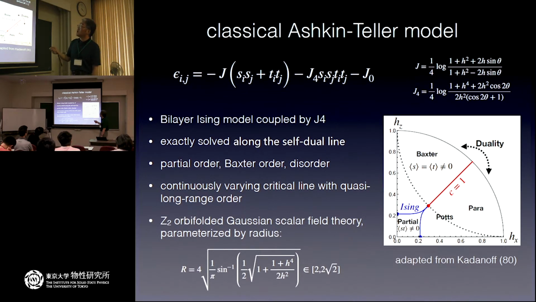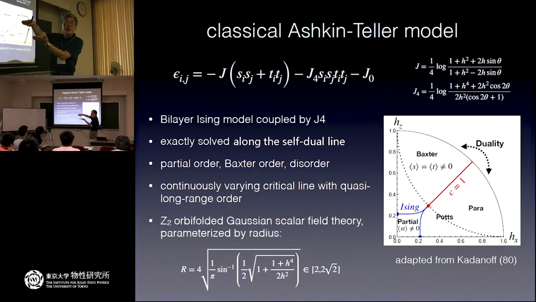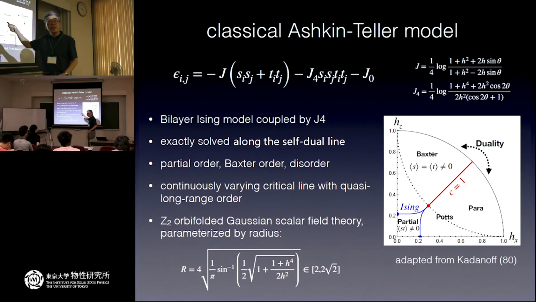My intuition comes from the following. You can think about a generalized Ashkin-Teller model. For example, you consider three layers of Ising model coupled together with a similar interaction.